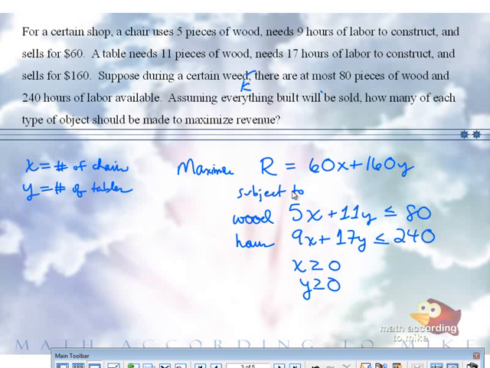the restriction we have on wood, the restriction we have on hours, and also making sure we don't have negative numbers of chairs and tables. So all that in English is all that in math right here. This is what is called a linear programming problem.